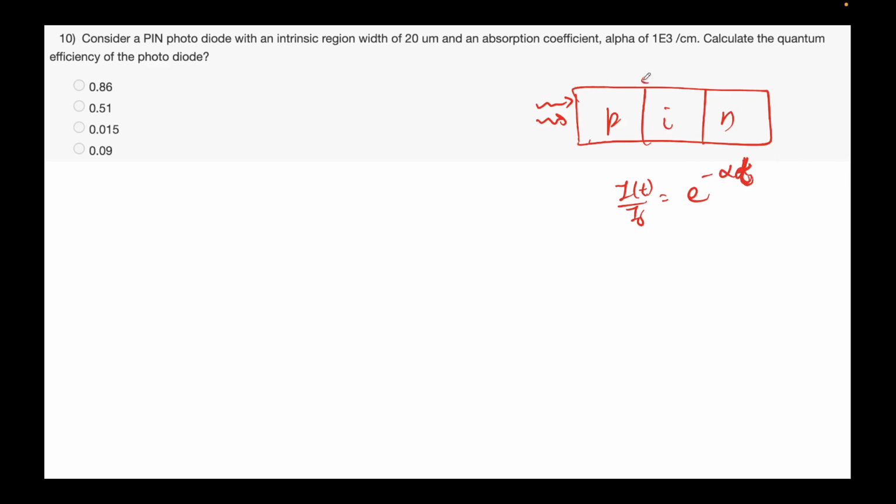So here we want to know how much of it is being absorbed in this region, which is 20 microns wide, right? So this is the transmission one. I can write the light absorbed, I absorbed, will be equal to I incident minus I transmitted.